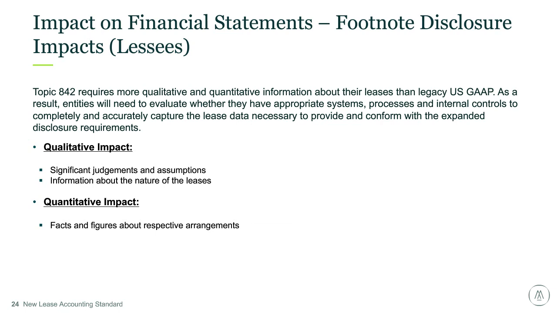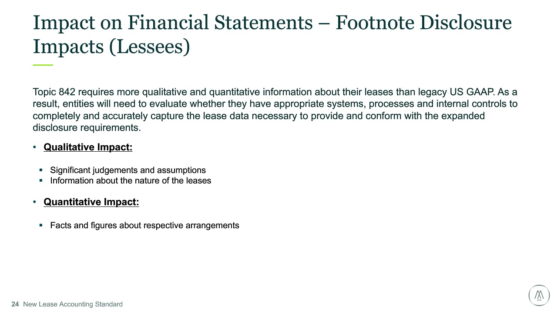In regards to the significant judgments and assumptions, examples of this include determining whether a contract contains a lease, determining the standalone prices for the lease and non-lease components, which is probably going to be a tricky area, and determining the discount rate for an entity's leases. Additionally, the new qualitative disclosures will require information about the nature of the leases.